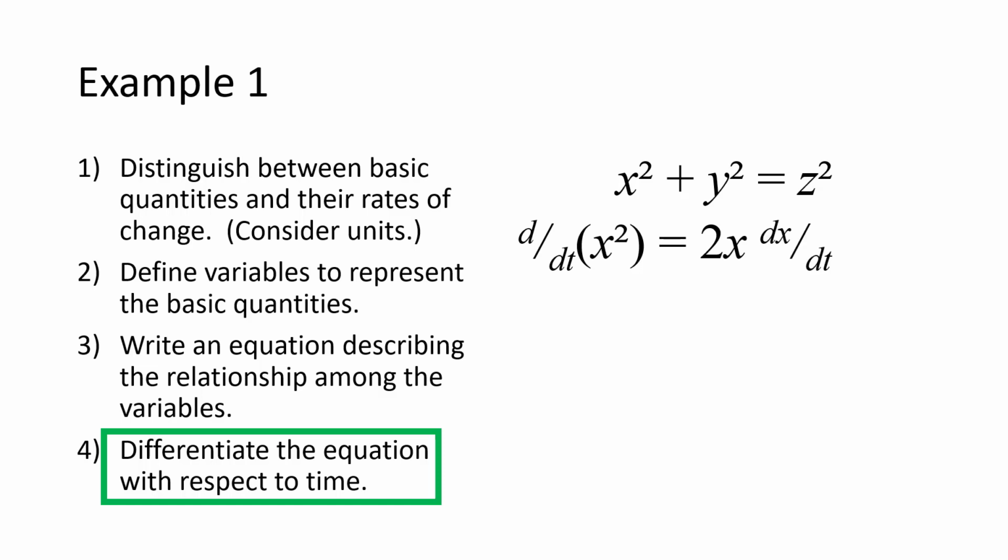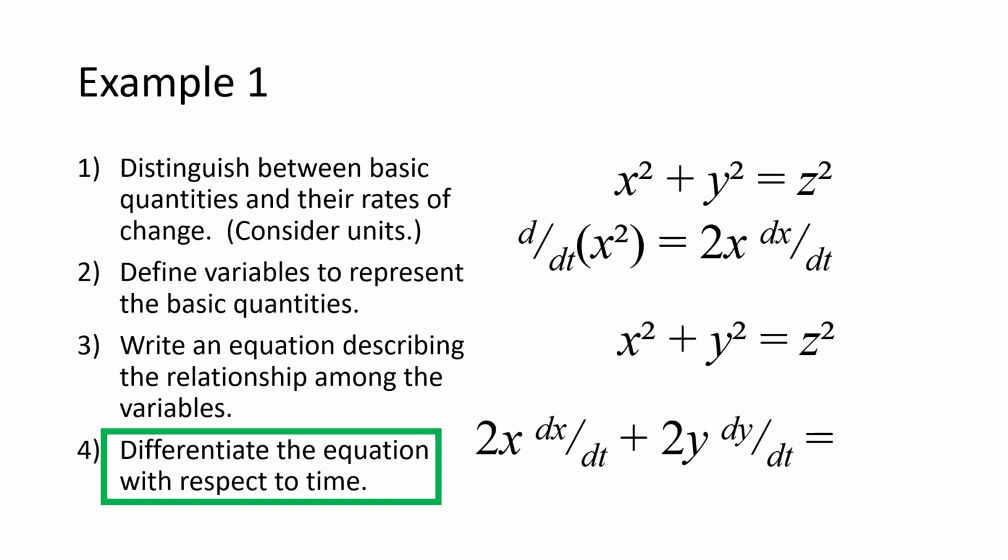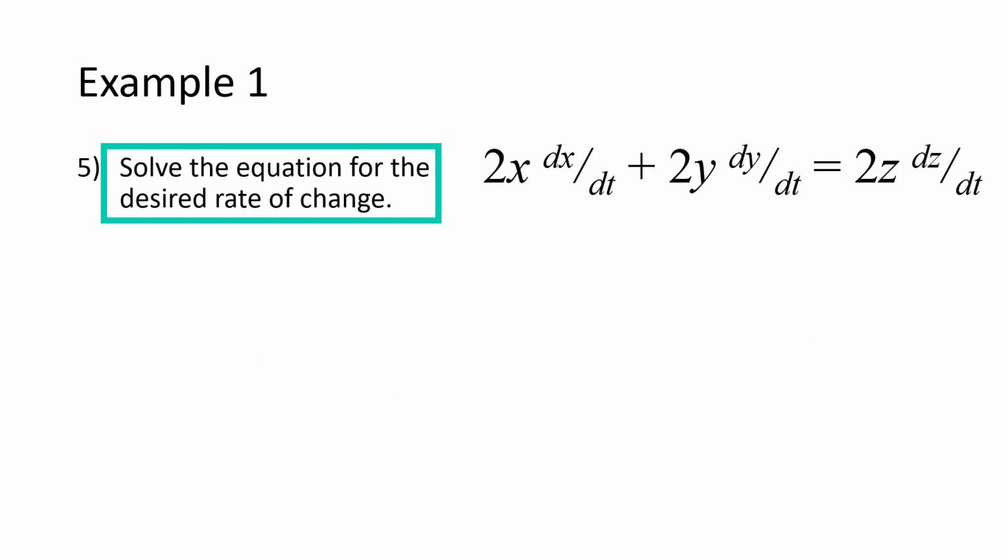That gives us 2x times dx/dt. The same applies to the other terms, so our equation becomes 2x dx/dt plus 2y dy/dt equals 2z dz/dt.